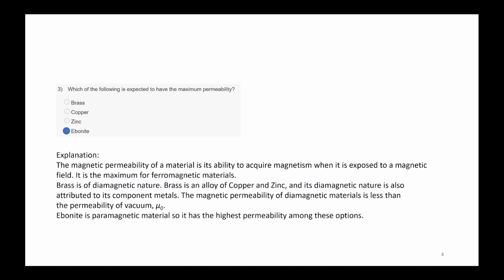Brass here is of a diamagnetic nature, and brass is an alloy of copper and zinc, which are both also diamagnetic. So this nature is attributed to its component metals, and the magnetic permeability of diamagnetic materials is less than the permeability of vacuum. Ebonite is a paramagnetic material, so it has the highest permeability among these options.